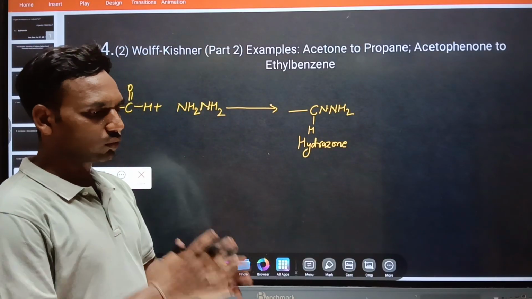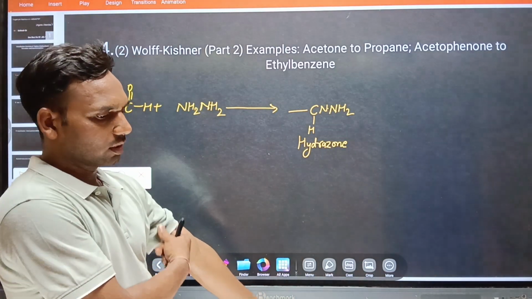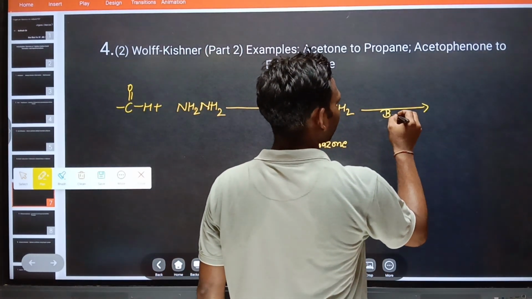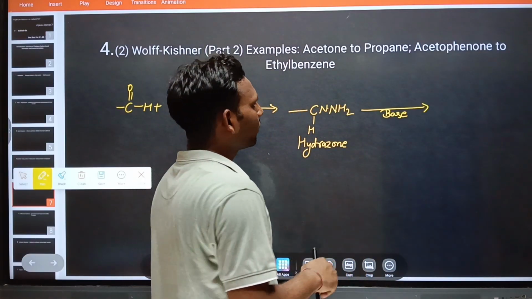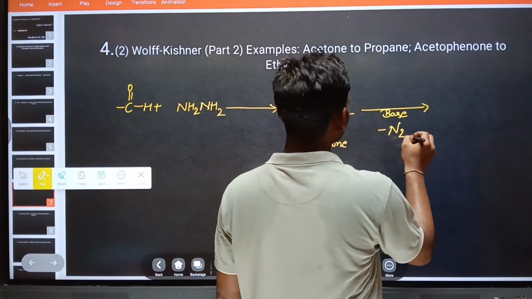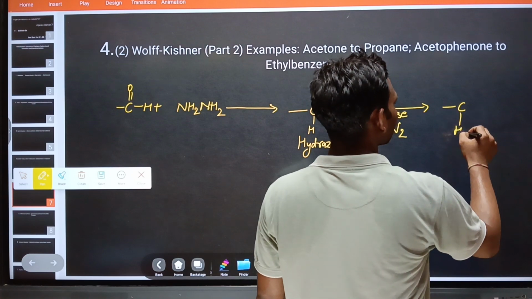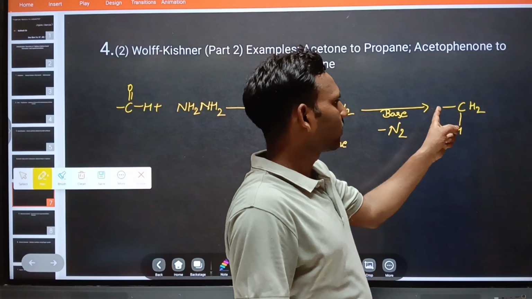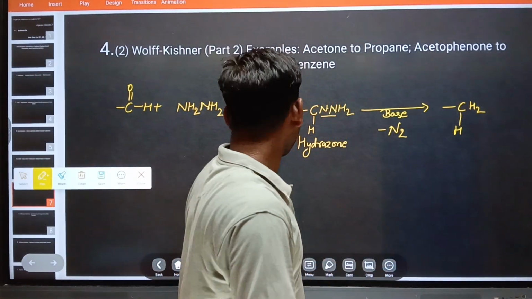And this hydrazone reacts in the presence of base. In the presence of base, normal alkane compounds form. Here they remove N2, then form CH2. It depends upon the R alkyl groups, lower members or higher members.